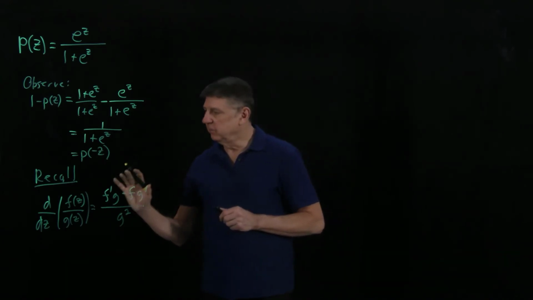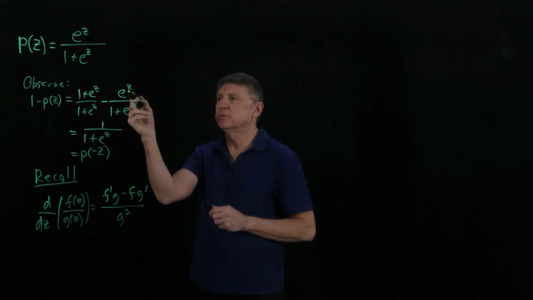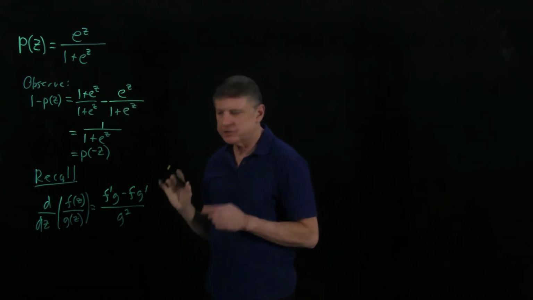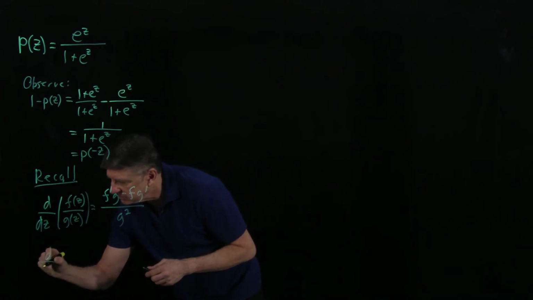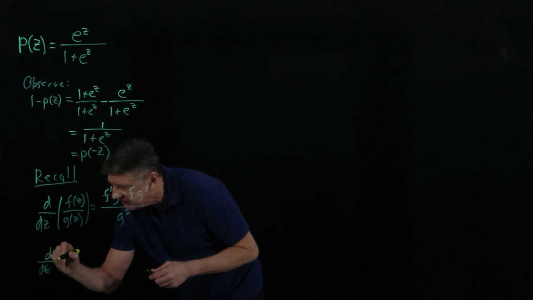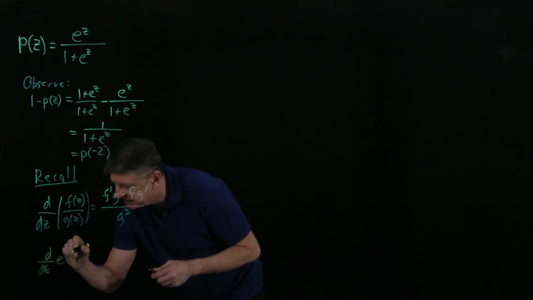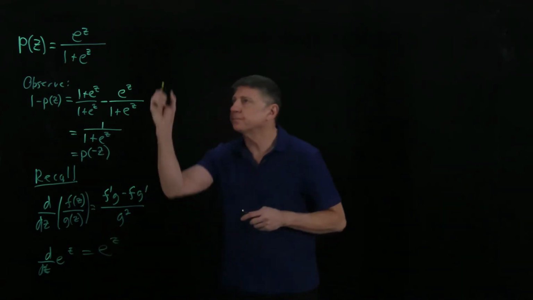We'll recall that, and the only other thing we need is the derivative of the exponential, which was almost magical to us when we were taking calculus. The derivative of the exponential function is the exponential function.